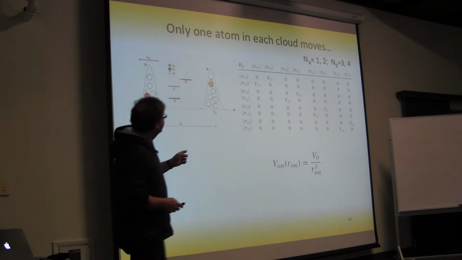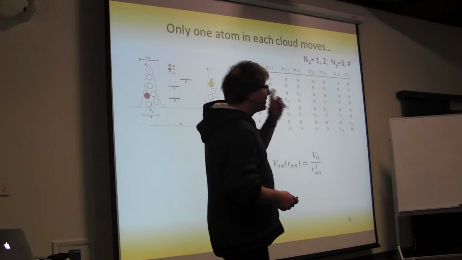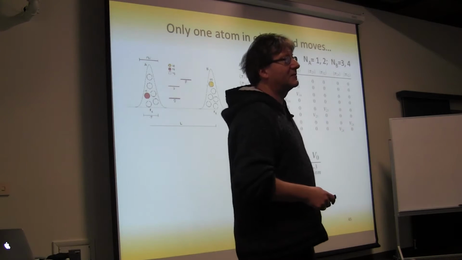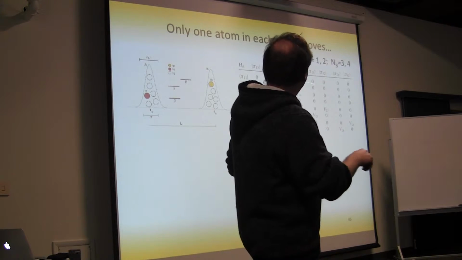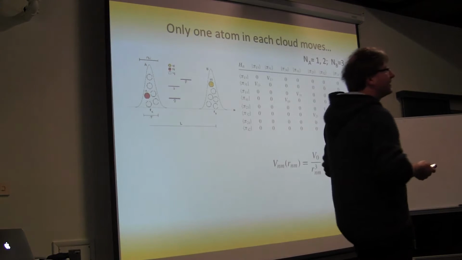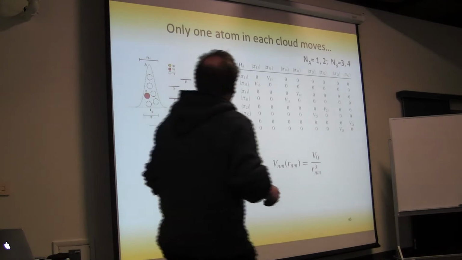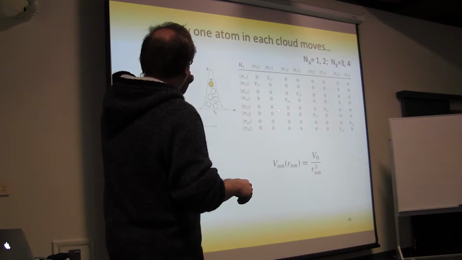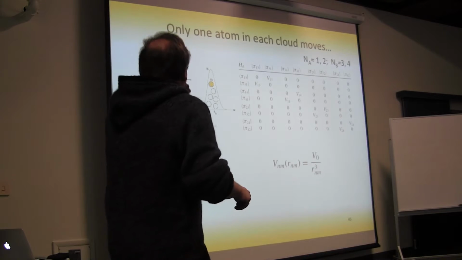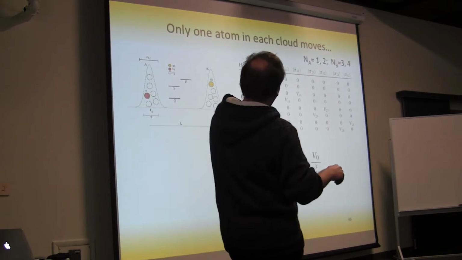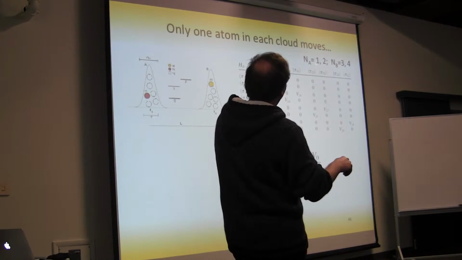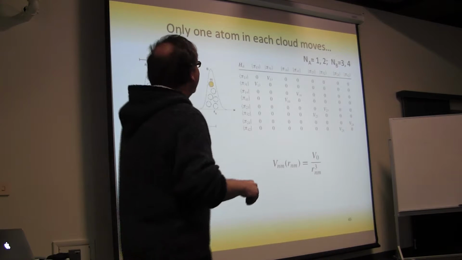This is just where you see, once you get the interaction matrix, the dipole matrix, that it's only a single pair, right? Because the interaction matrix is block diagonal. This is shown here for the enormous number again of 2 atoms per cloud.